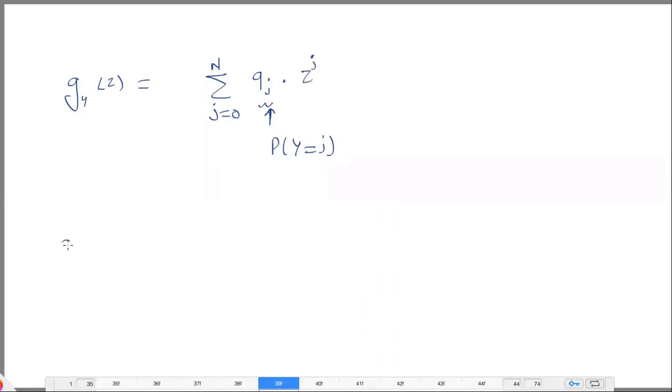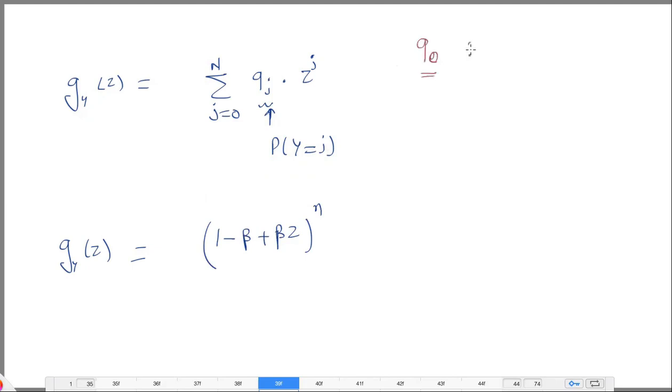And this is given, which is this, which is 1 minus beta. Now tell me, can you compare both of this to get qj? So basically, can you tell me q0 at least?